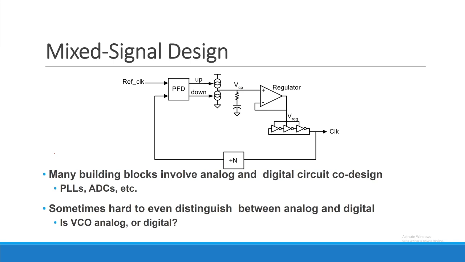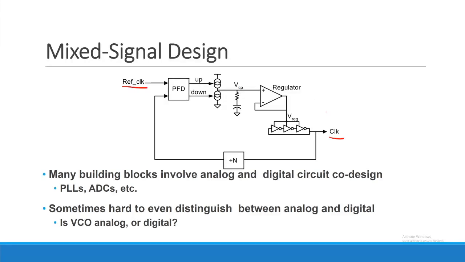But I've shown another example here, which is a so-called phase lock loop. Just in case you haven't heard of it, all it does is take in some input clock frequency and generate another clock frequency, perhaps a higher frequency, but locked as being some multiple of that input clock. If you don't know the details of what's going on in this block diagram, don't worry too much about that.